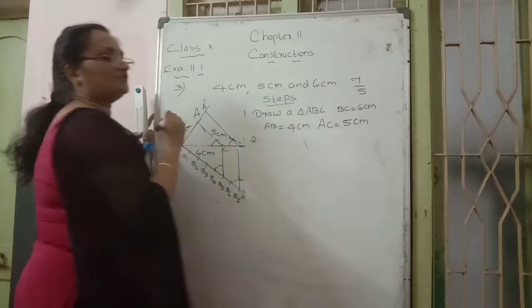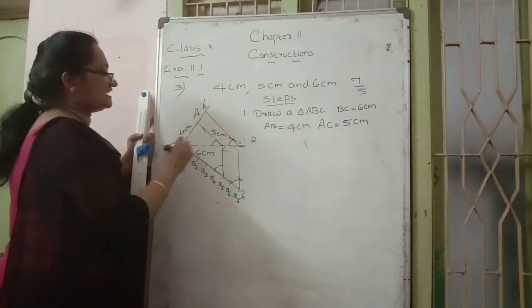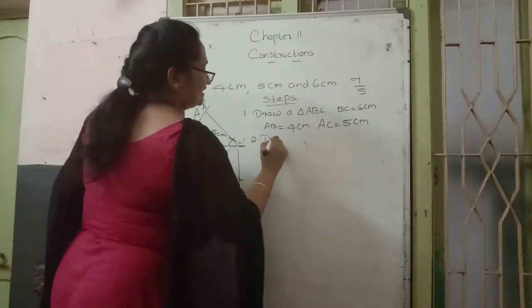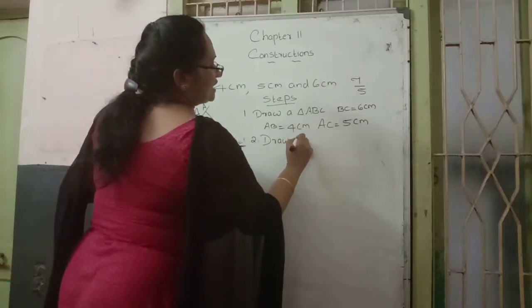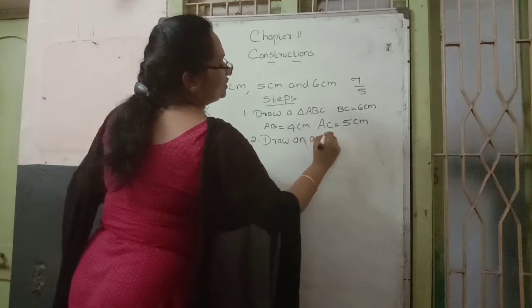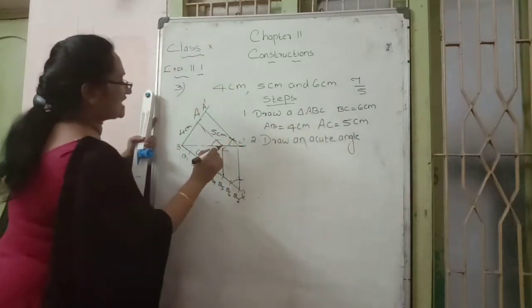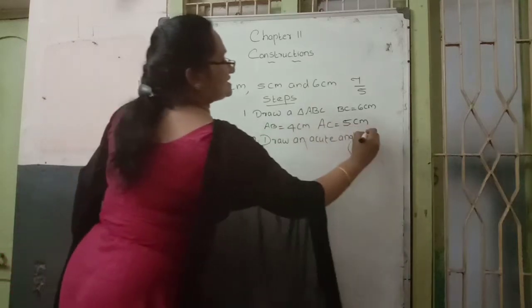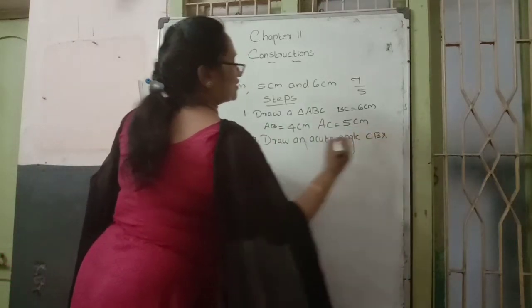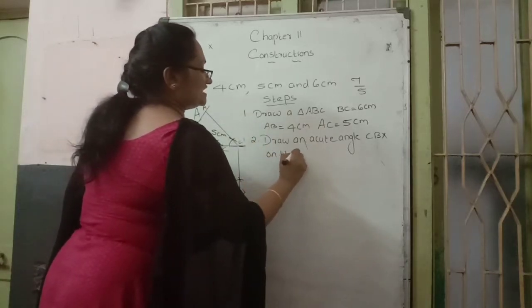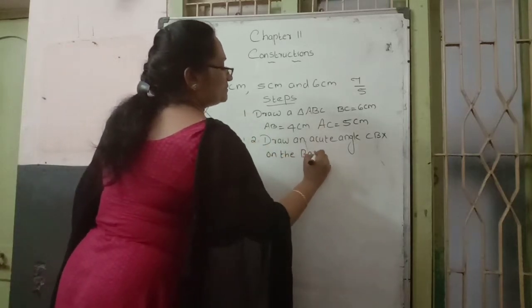Second step: draw an acute angle. What is the name of that acute angle? CBX. Where do we draw it? On the base BC.